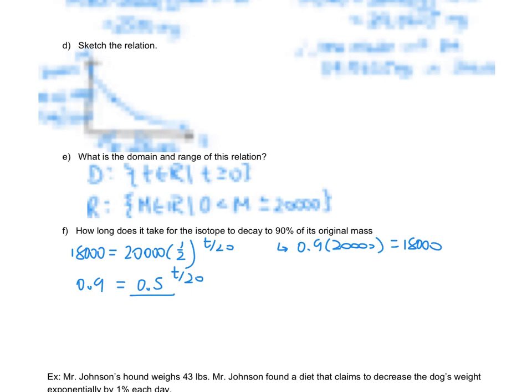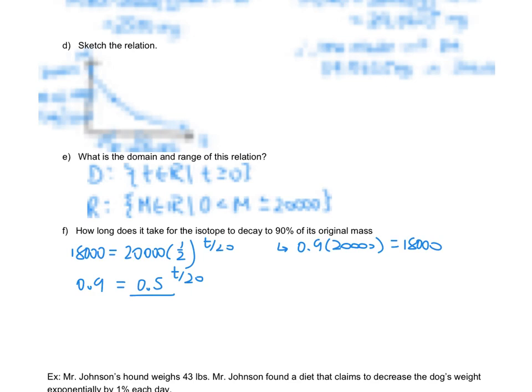To the power of 0.2, that's 0.87. I'm getting really close now. So maybe I'll try to the power of 0.15, and I get that 0.9 that I want.